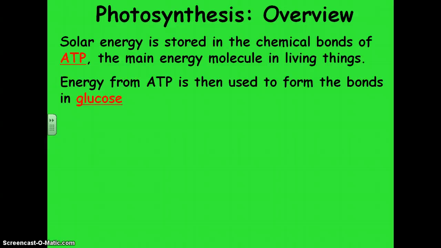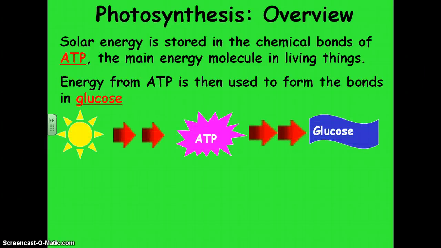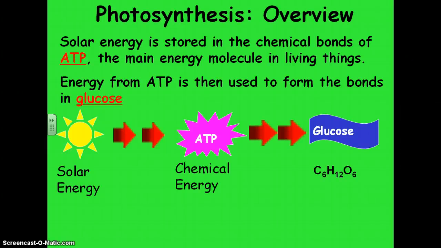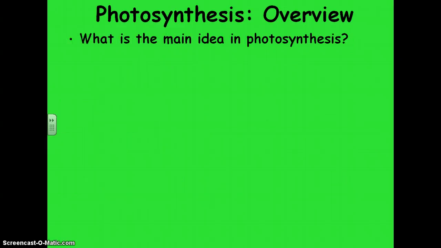It is what holds the energy until the body or the plant breaks it down in cellular respiration. So we see the solar energy coming in, it produces a chemical energy called ATP, and ATP makes glucose, which remember is C6H12O6, and that glucose is what gets broken down in cellular respiration.